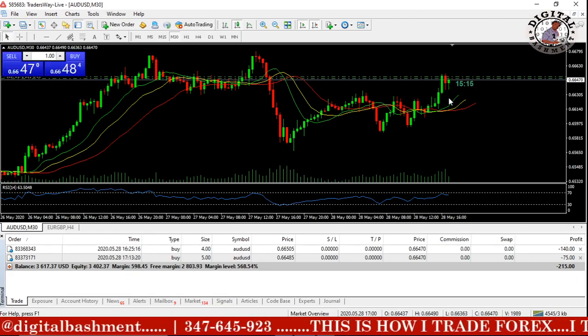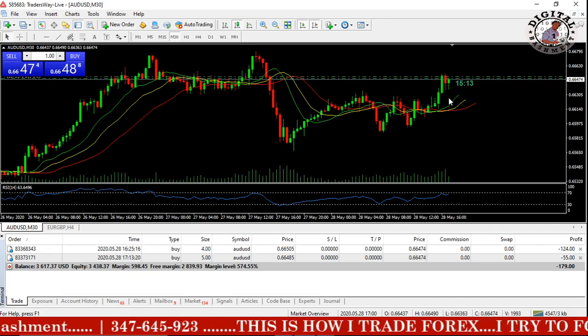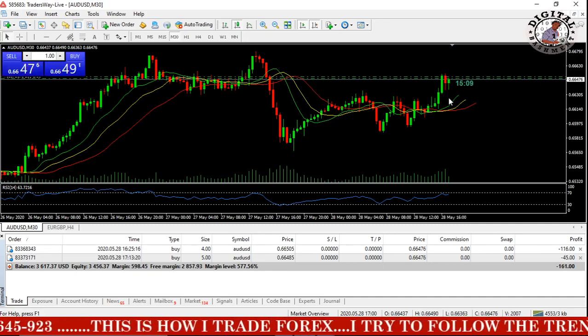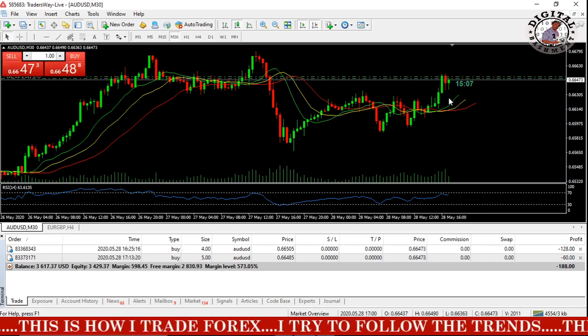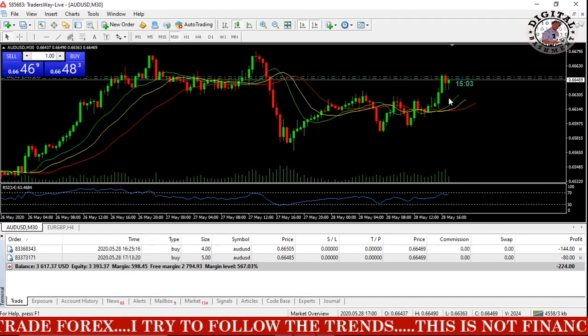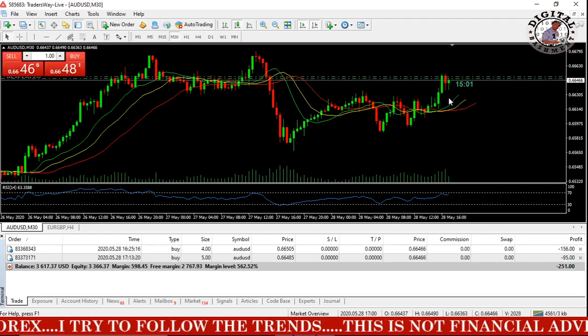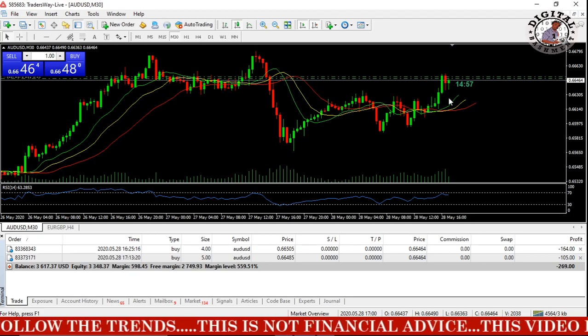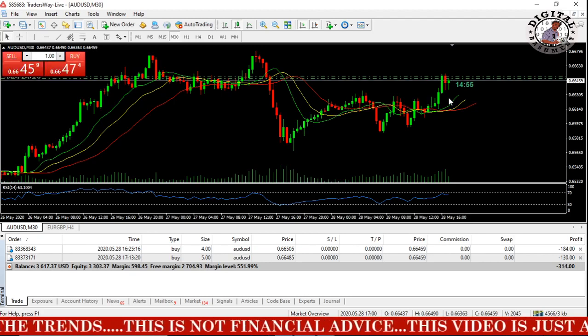With a bullish candle, obviously the opposite is true. If you have a bullish candle and there's a strong wick at the top, that means the sellers were trying to push the price down and the buyers were trying to push it up.